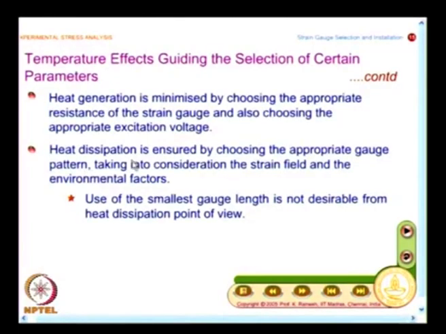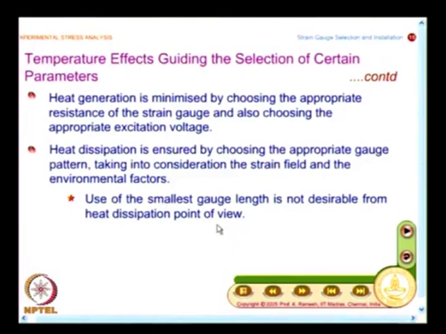They are very appealing when you want to find out strain at a point of interest, but from the heat generation point of view, it generates more heat, and also dissipation will be cumbersome in such situations. On the other hand, if I have a larger grid pattern, it improves heat dissipation. So, use of the smallest gauge length is not desirable from the heat dissipation point of view.